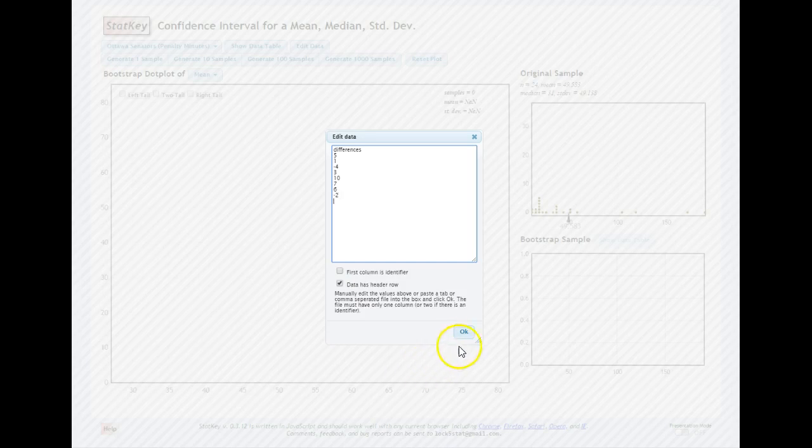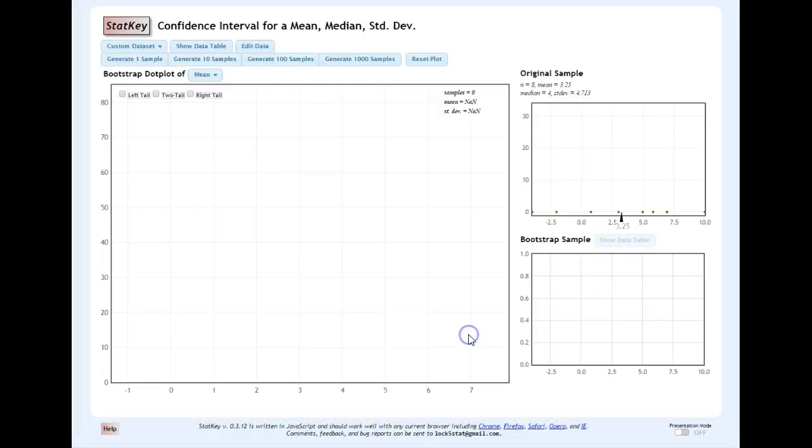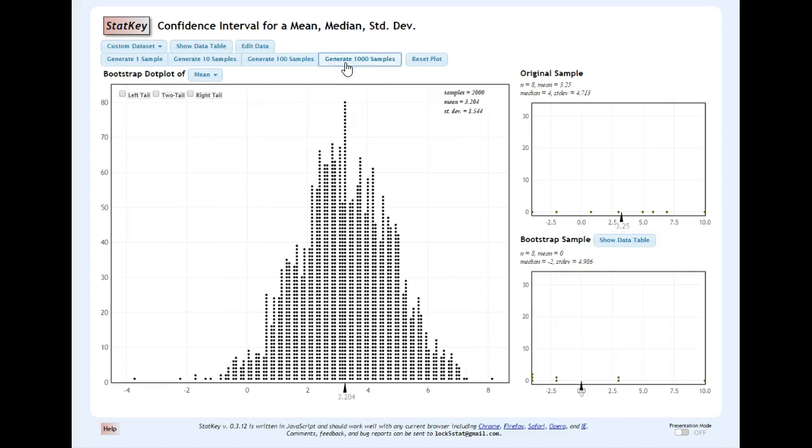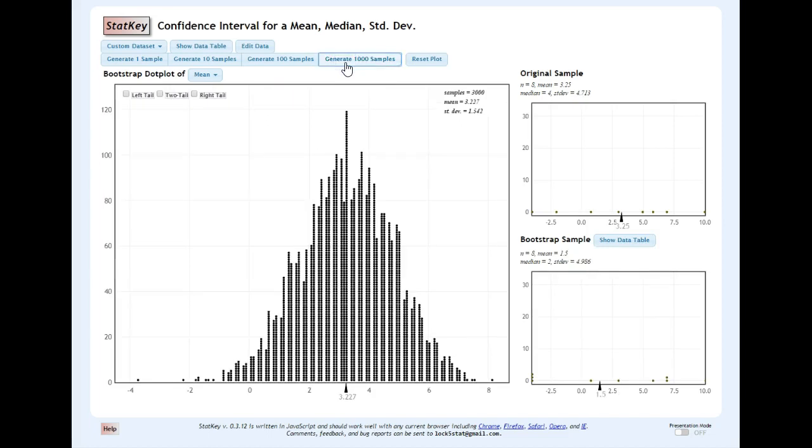And after you have that all entered, you will run the many resamples just as we've always done. And what you're calculating is a confidence interval for how much the average of the differences is. So we're going to calculate the average of the differences, and we do that with a two-tail display here.